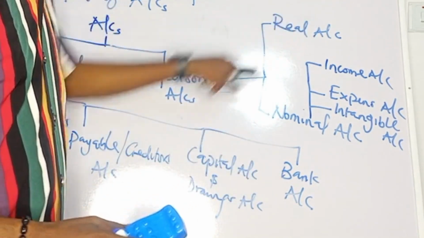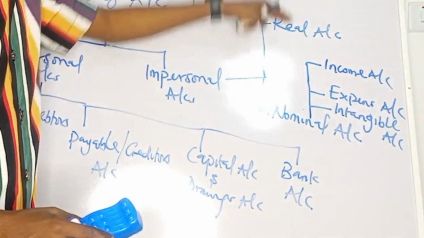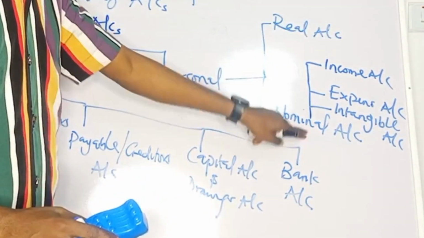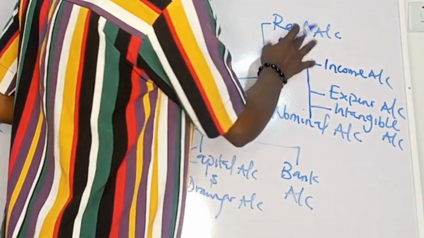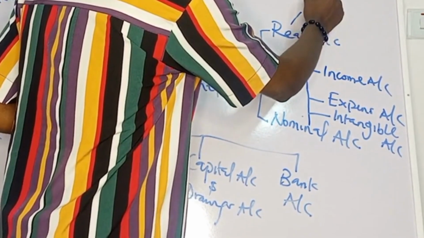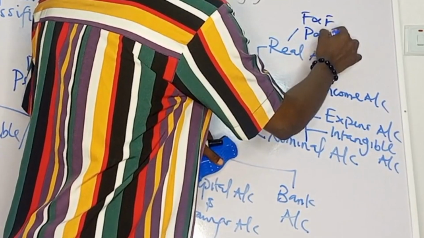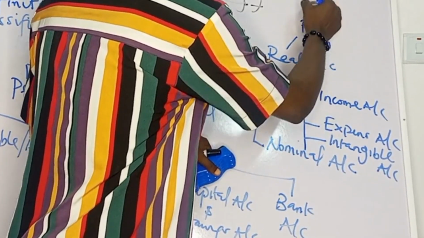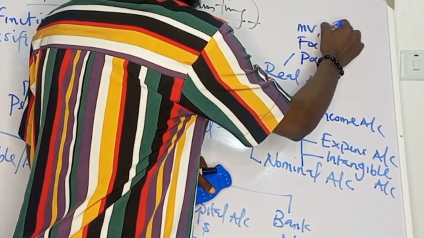Then under impersonal, it is divided into two. We have the real account and the nominal account. Then under the real account, I gave you examples of items: furniture and fittings, plants and machineries, then a motor van and all that.